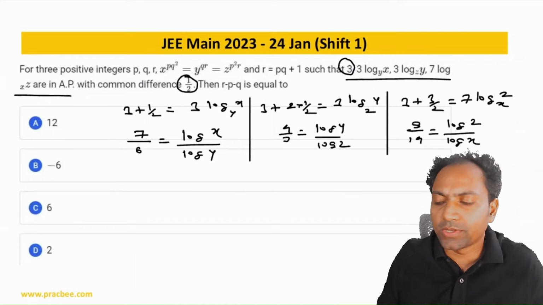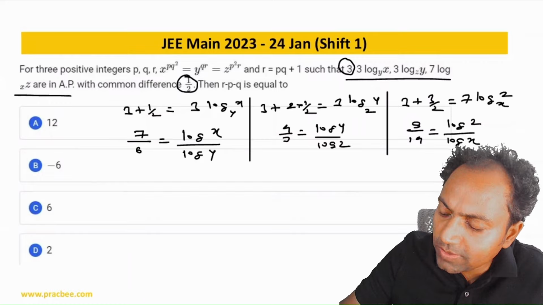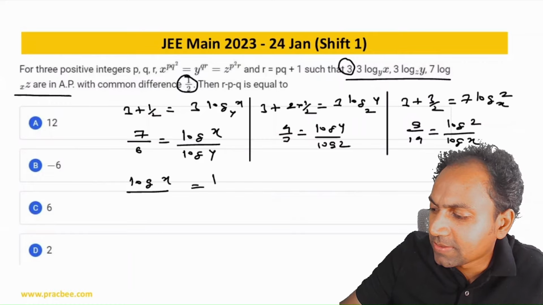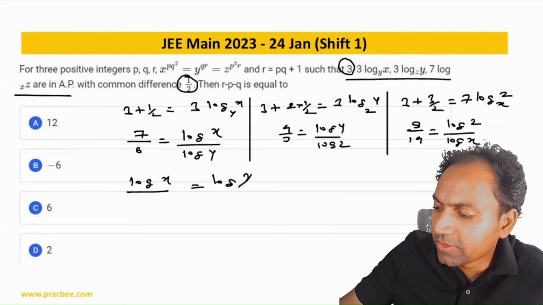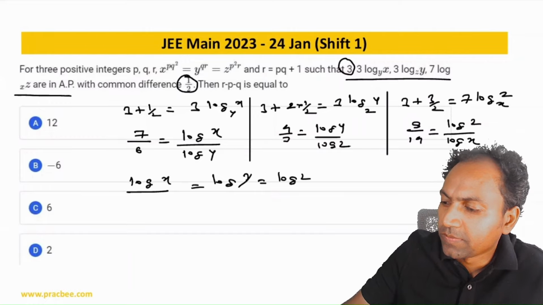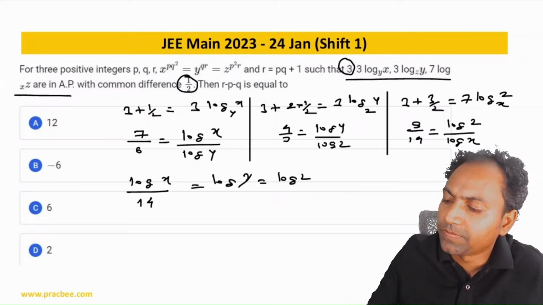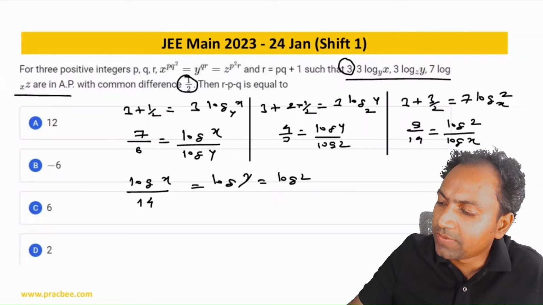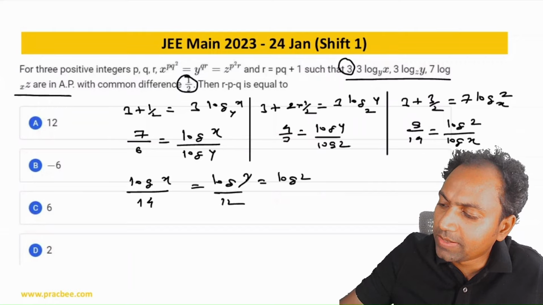Now, if you look into this, your log x, log y, log z can be written in the ratio of nothing but 14, and here we can write 12 and here nothing but 9.